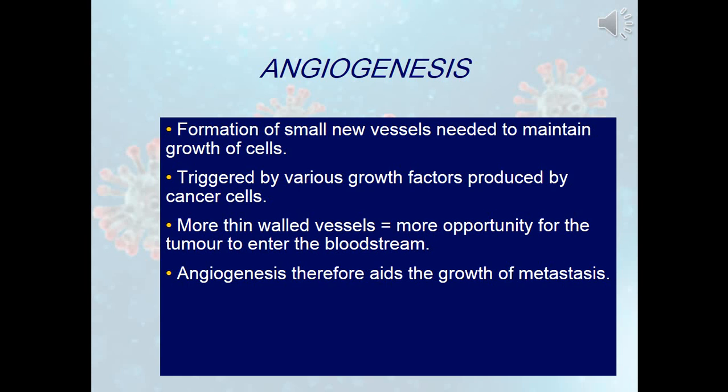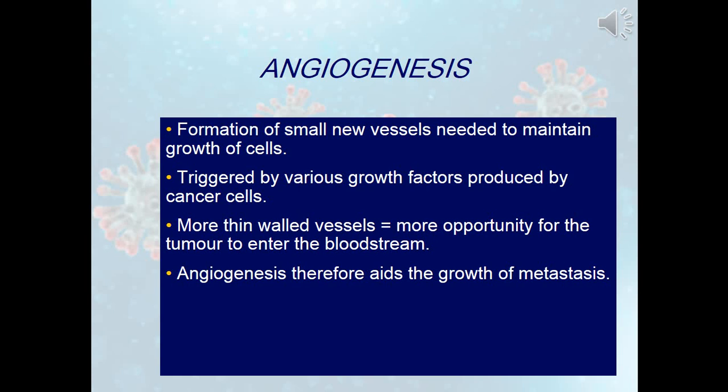Now, the formation of these new blood vessels is triggered by various growth factors produced by the cancer cells. The two most important angiogenesis factors secreted by cells, including tumor cells, are vascular endothelial growth factor and basic fibroblast growth factor, which enhance new blood vessel formation.